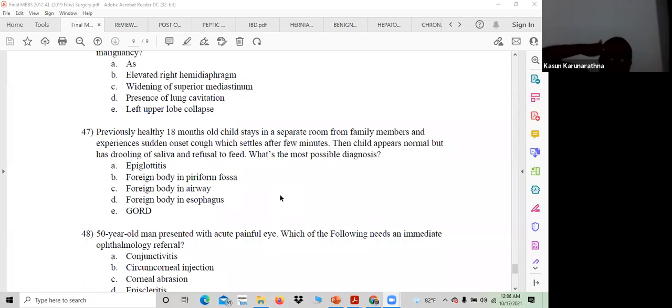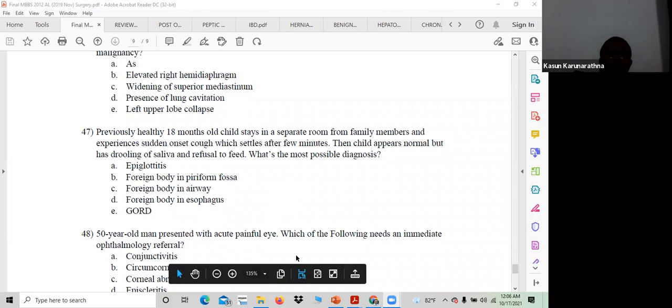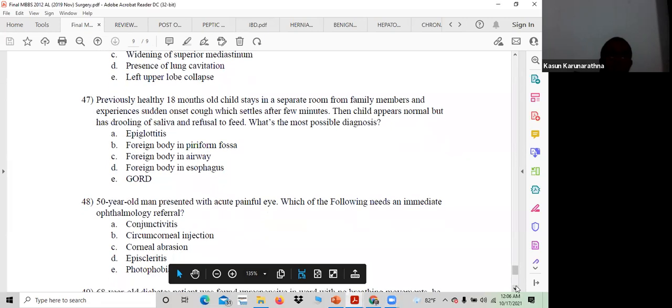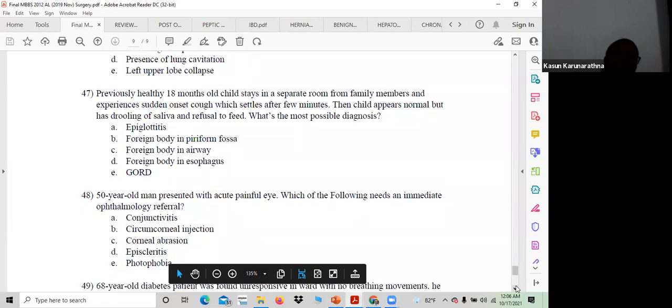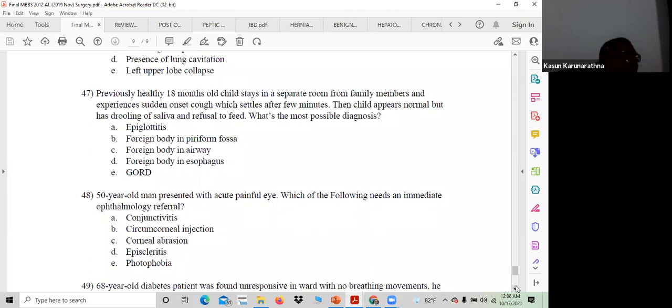And in epiglottitis the patient will be ill, right? And there will be stridor, impending upper airway obstruction. Why not B? This drooling of saliva and refusal to feed is more prominent in esophageal foreign bodies, right? In the piriform fossa, you don't get this obstruction.